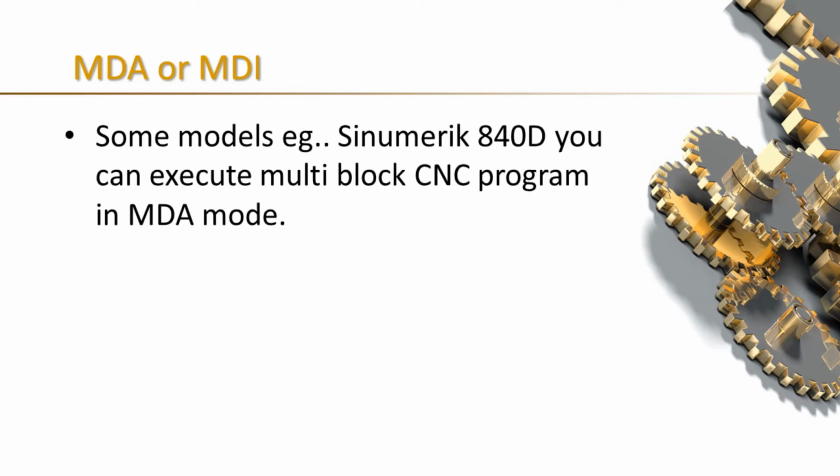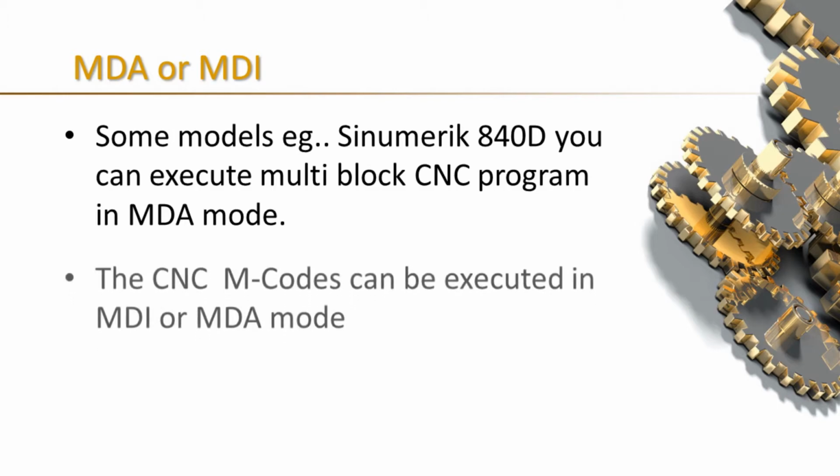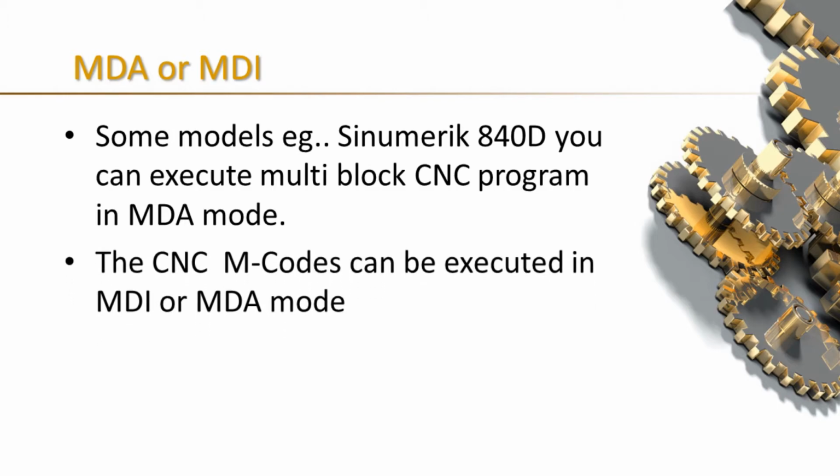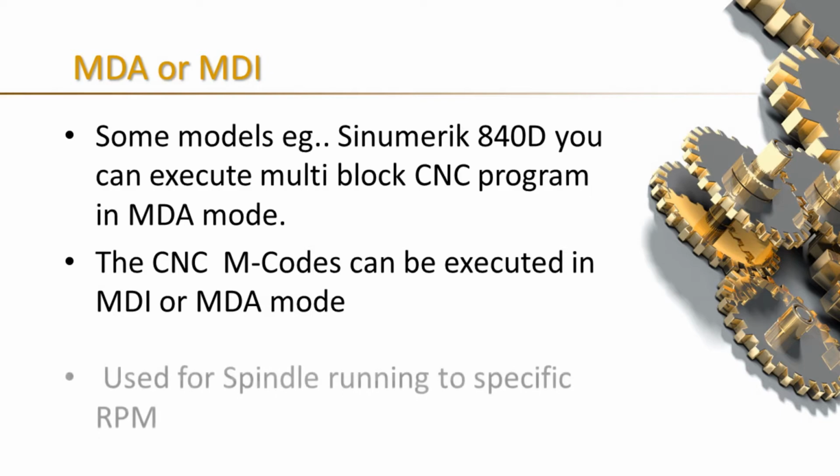Some higher end models like Siemens 840D or 802D can also execute a multi-block CNC program in the MDA mode. The CNC M codes, that is machine operational codes, can be executed using MDI or MDA mode.